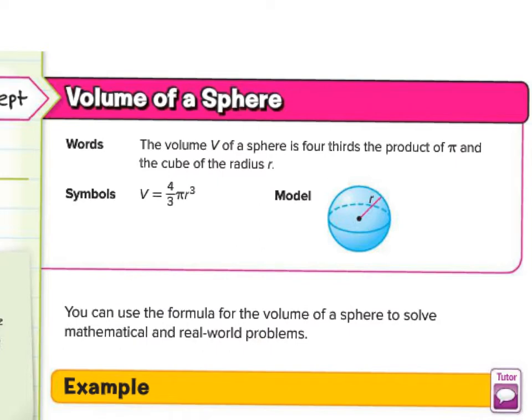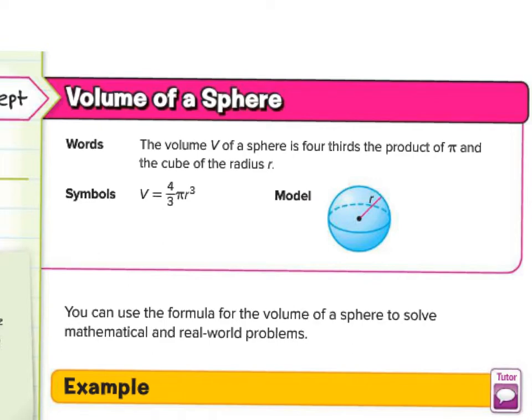So now that we practiced finding the circumference, we can talk about volume of a sphere. In words, the volume, represented by the variable V, of a sphere is 4/3 the product of pi and the cube of the radius. The cube of the radius, not the square like we do for area.